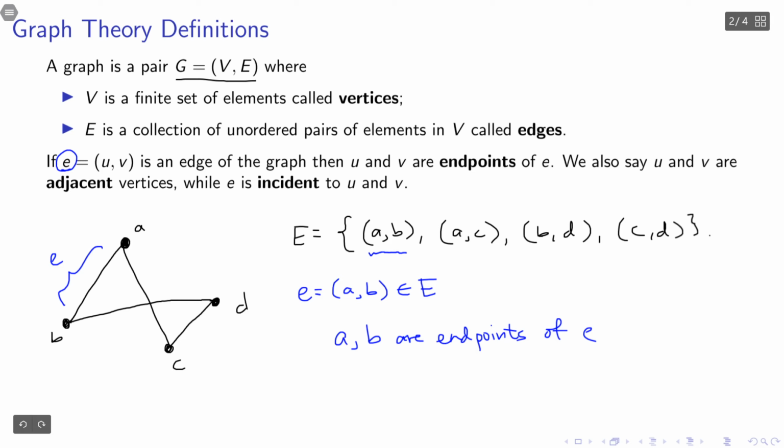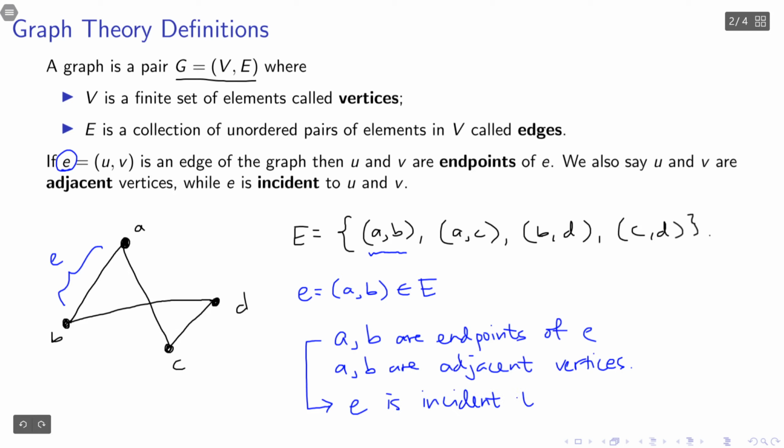We will also say A and B are adjacent to each other, right? So as vertices, they are adjacent if there's an edge connecting them. Finally, as a counterpart to being endpoints, we will also say e as an edge is incident to the vertices A and B. Right?